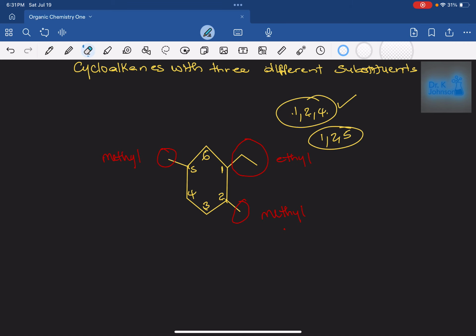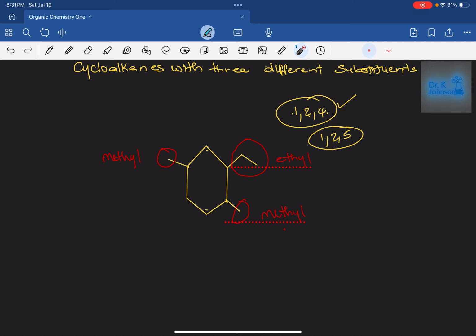Notice, like the trick I told you, just let 1, 2 be right by those adjacent carbons, the carbons that are right next to each other with substituents on them. 1, 2 must be here.